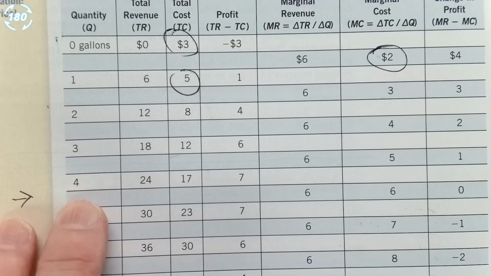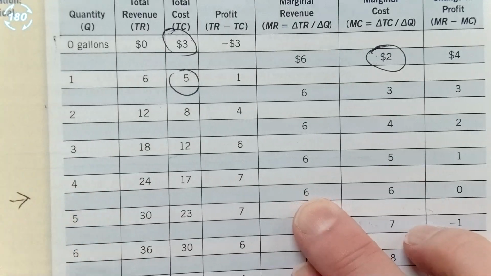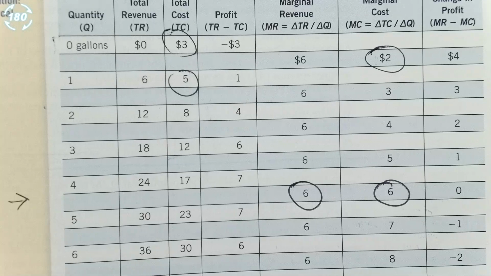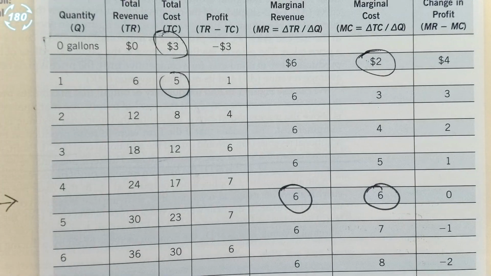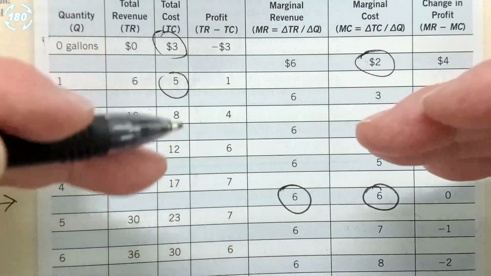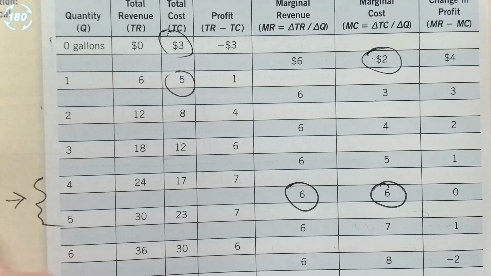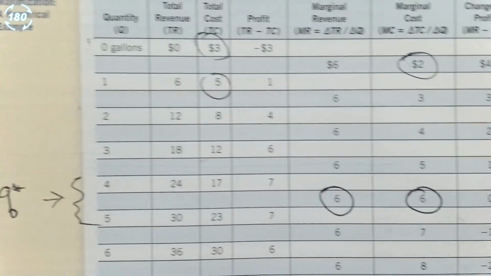But somewhere in this range right here. Okay, notice what's going on in this range right here. If you look at marginal revenue and marginal cost, how are they related? They're equal. This will always happen. You see, Q star is in here, right? Is between 4 and 5.